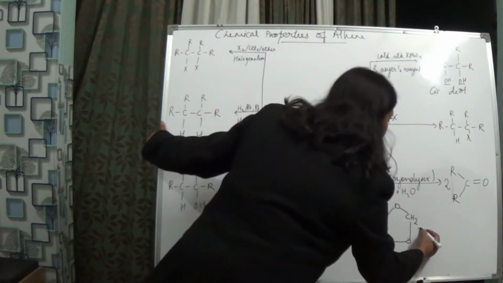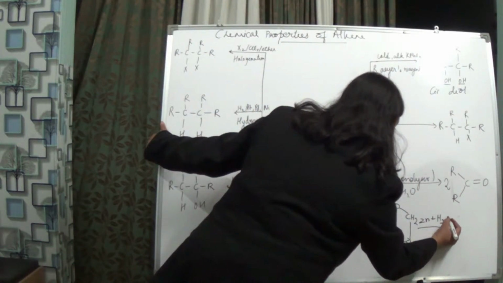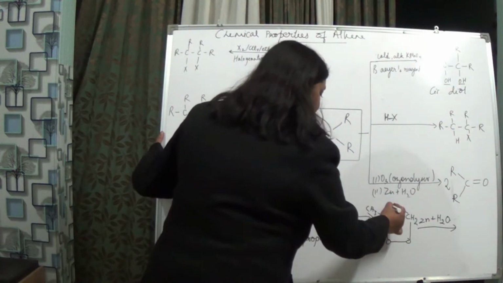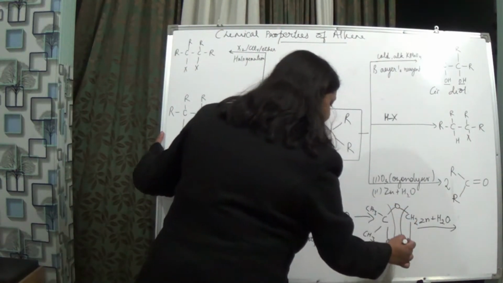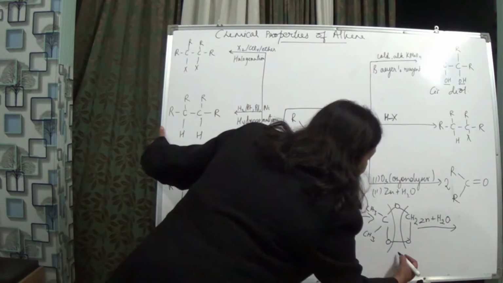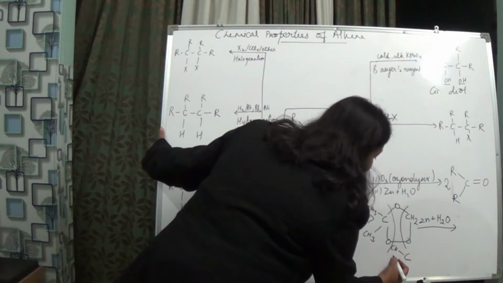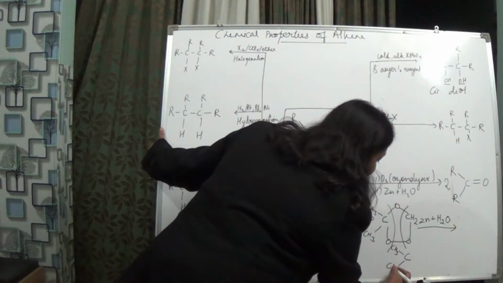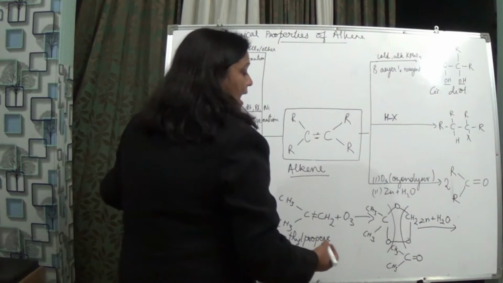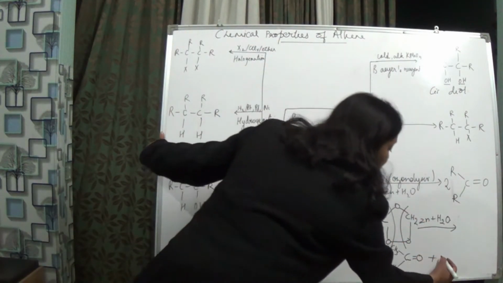Now we are adding Zn plus H2O. So what will happen as soon as we add Zn plus H2O? Here this will have a cleavage, and ketone will be formed. This is what? Propanone, isn't it? And plus what will be formed? Here CH2O. So it will be forming what?